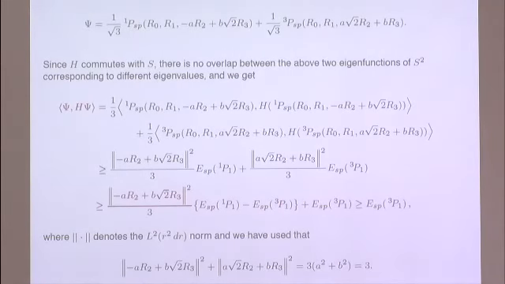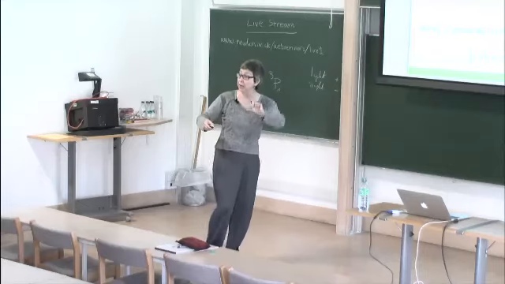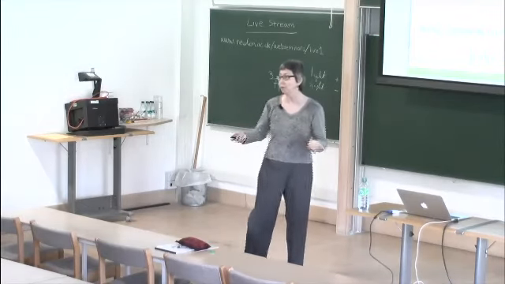Since we already proved in the previous slide that the triplet has an energy which is less than that of the singlet, then this is positive, and finally we find that this energy is larger than or equal to the minimal energy for the triplets. Since we have the other inequality by definition, we have equality.